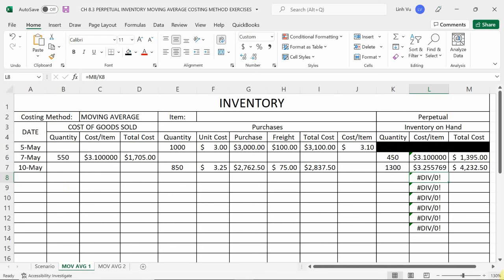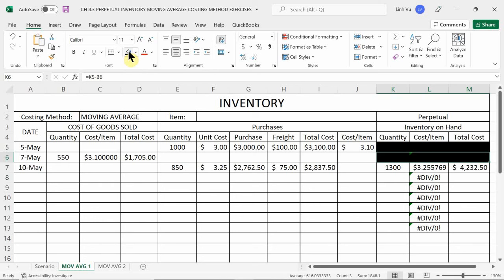And what do I need to do now? I need to block off this one because now I no longer have that 450 units anymore, right? I now have 1,300 and it's now going to cost me an average per item of $3.25 and so on, right? So that's what I'm focusing on.